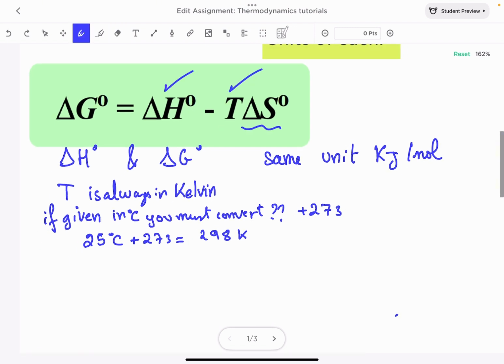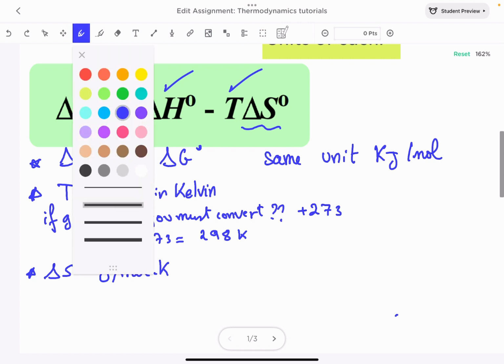Now we need to talk about delta S. When we studied entropy change of the reaction, we said that the entropy is given in joules per mole Kelvin. When we plug the data into this formula, we cannot use a kilojoule and then a joule. This means that delta S must always be converted to kilojoule per mole Kelvin.